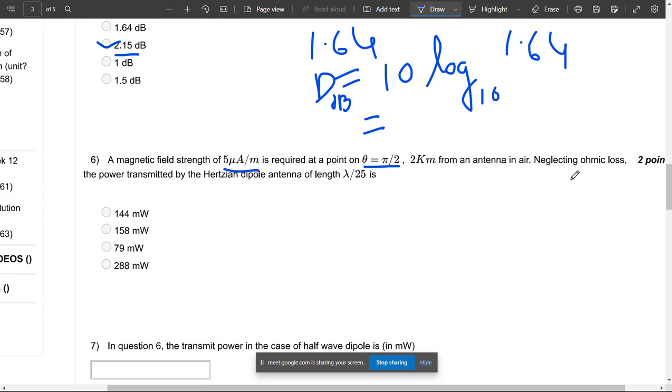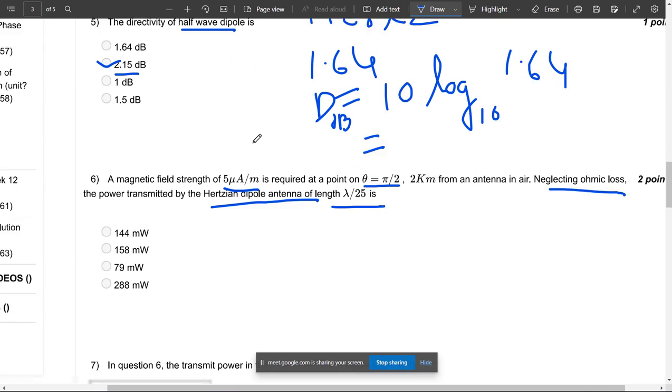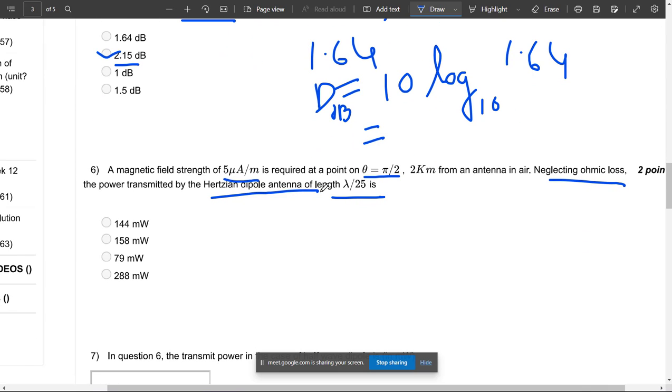Neglecting ohmic losses, the power transmitted by a Hertzian dipole antenna of length lambda by 25 is. So I just told you what Hertzian means, right? Hertzian means a half wave dipole antenna.